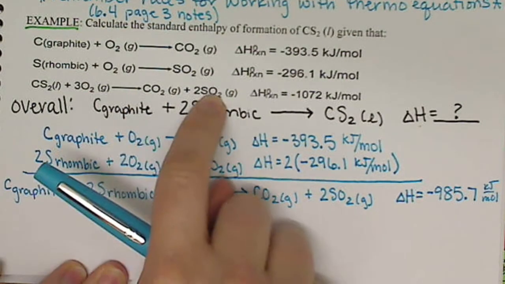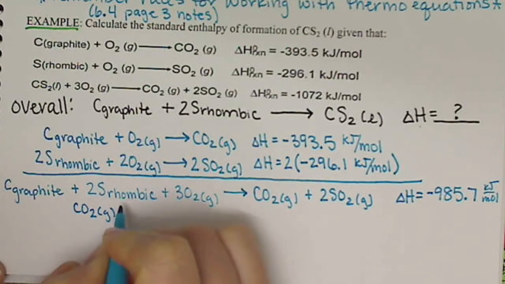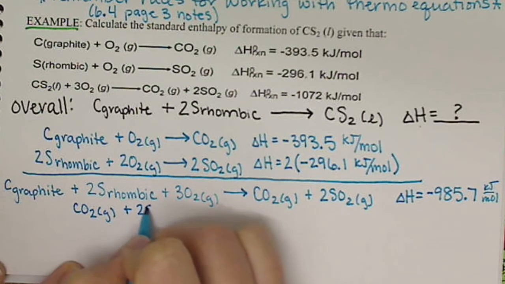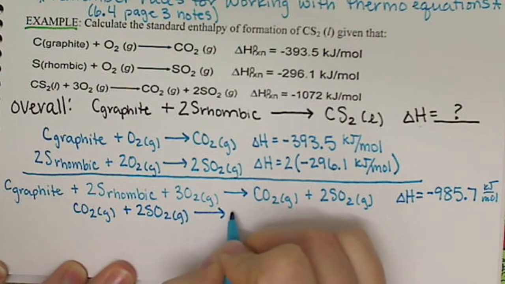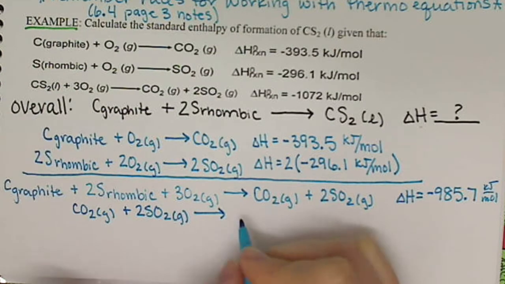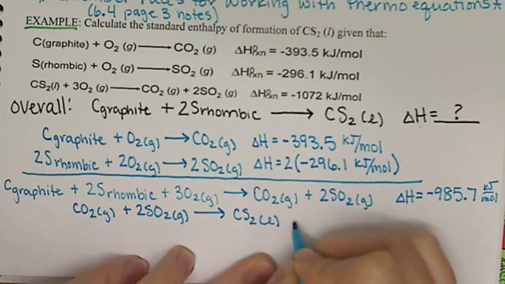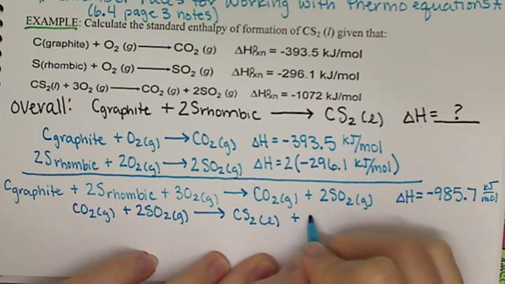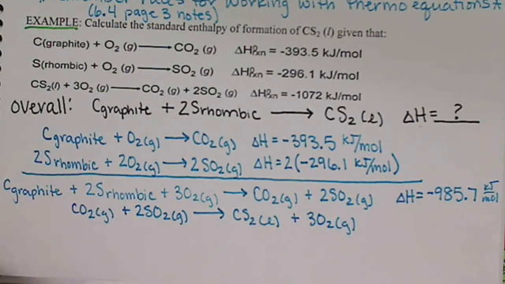So my products here become my reactants. So I have CO2 as a gas and 2SO2 as a gas. And that's going to now form, I'm going to take my reactants now and put them as products, CS2 as a liquid and 3 oxygen as a gas.